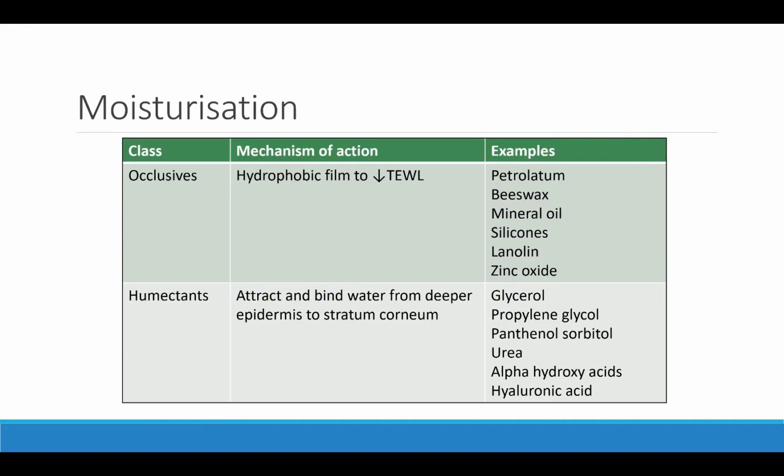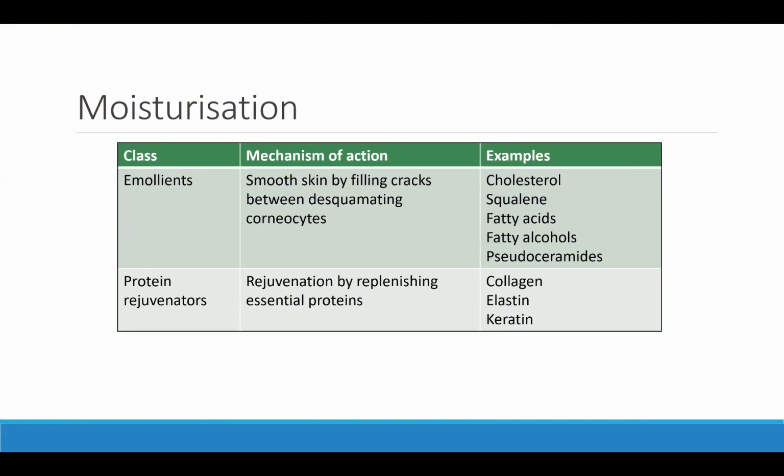The next major category are humectants, and humectants attract and bind water from deeper epidermis to the stratum corneum. And examples of humectants are glycerol, propylene glycol, pentanol sorbitol, urea, AHAs, as well as hyaluronic acid. Emollients smooth the skin by filling the cracks between your desquamating corneocytes.